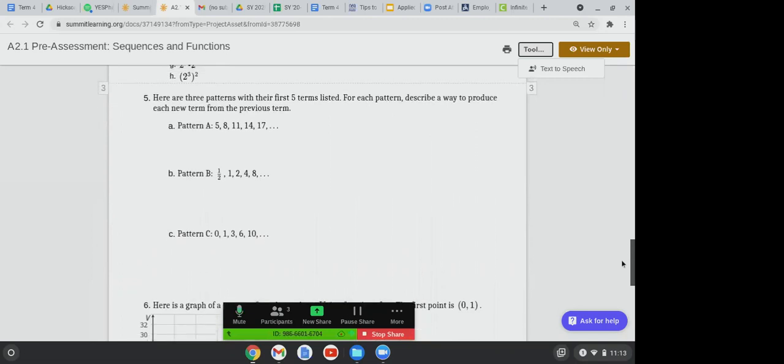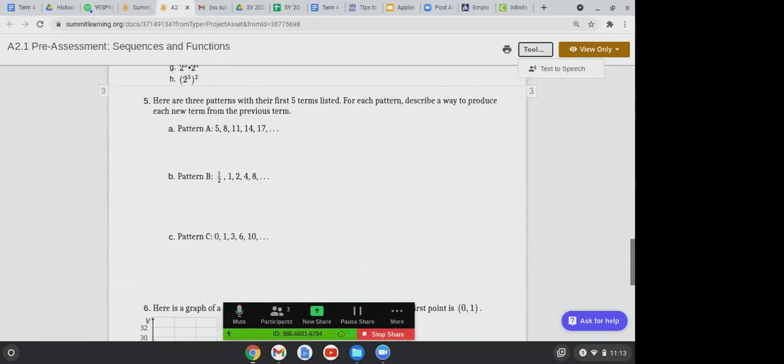So again, like I said, that's where we're going to start. They gave you 3 patterns with the first 5 terms. And again, you are looking for the rule. This is similar to when you were in middle school, when you had to do in and out tables. This is in and out tables on the next level.